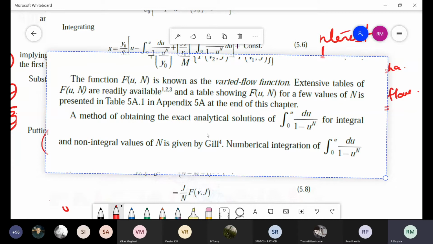And you can have the method of obtaining the analytical solutions for the integral and non-integral values by another person known as Gill. And the numerical integration of the integral from 0 to u of du by 1 minus u power n can be performed by using computers, to obtain the values of varied flow functions.